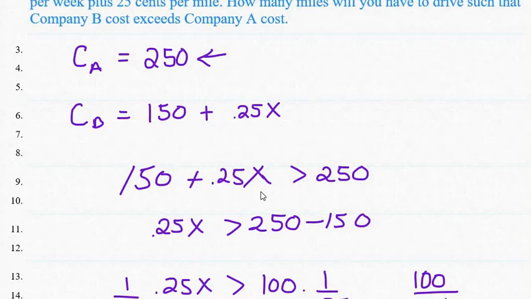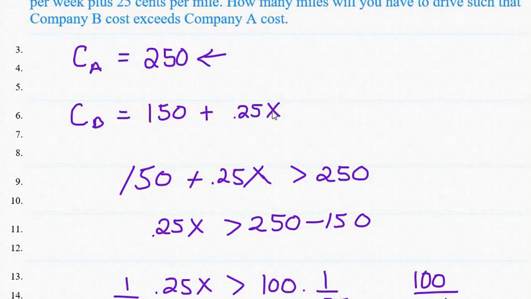In other words, any number greater than 400 here is going to make this true. You see? So if I drive 300 miles, obviously this is going to be the better deal here. Anything less than 400, or equal to 400.